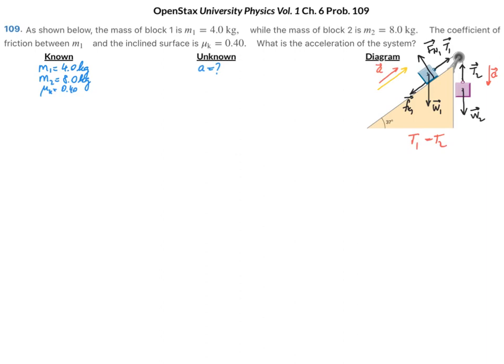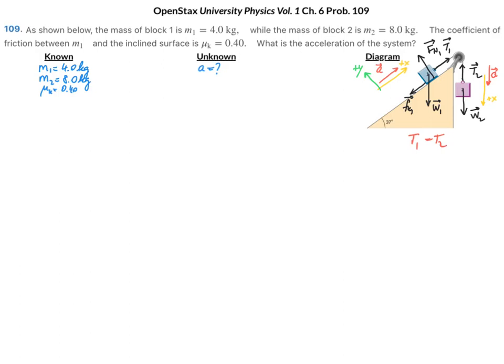So I'm going to say that this is my plus x, which means that this will be my plus x for mass 2. Now, if that is my plus x, then perpendicular to it, I'm going to have my plus y. So my coordinate system is plus x along the plane, going up the plane, and down for mass 2 in the direction of the acceleration.